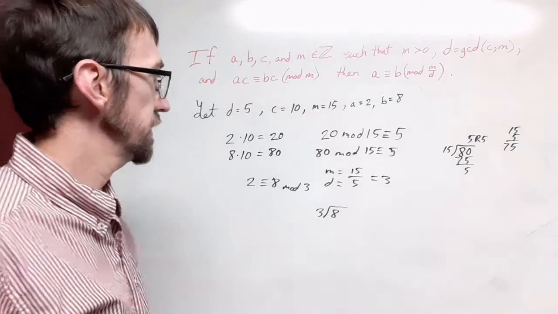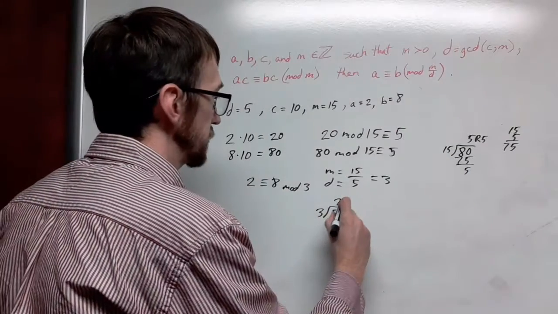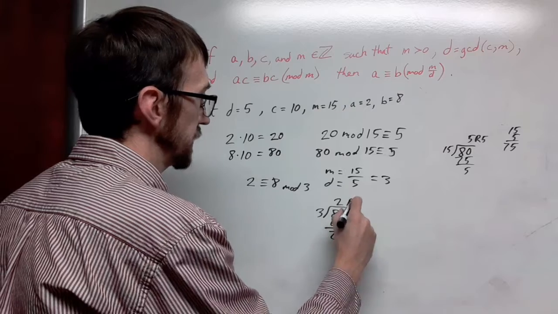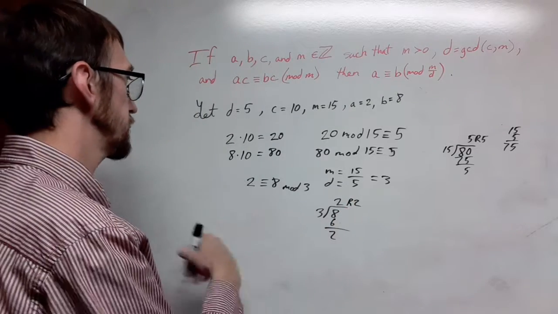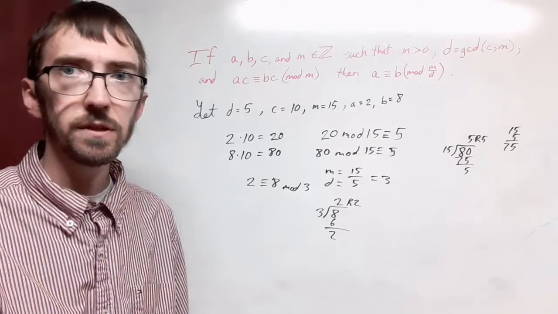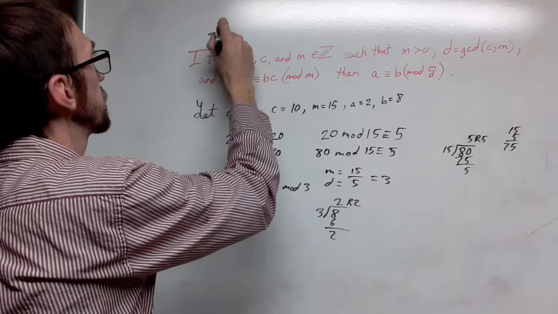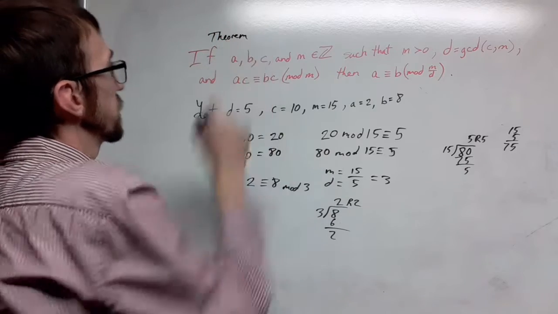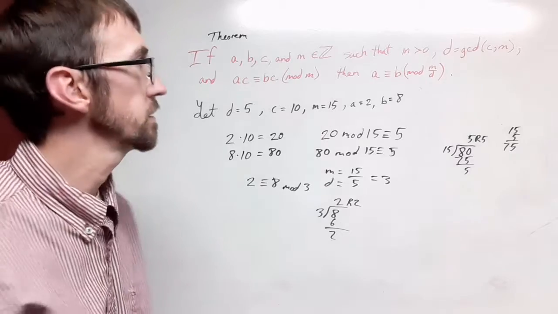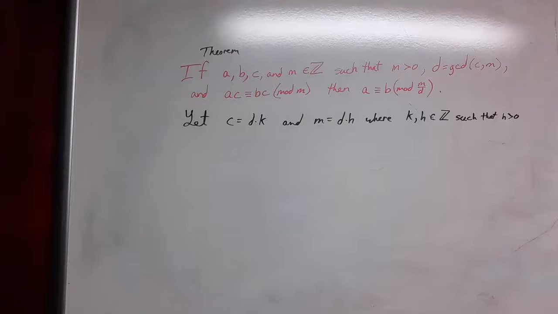Looking at 3 divided into 8, we find that we can do that 2 times and get 6. 8 minus 6 is 2. The remainder is 2. And so it is true that 2 is congruent to 8 mod 3. So we have checked this theorem using a set of real integers. So we can demonstrate that this is true in a specific case.